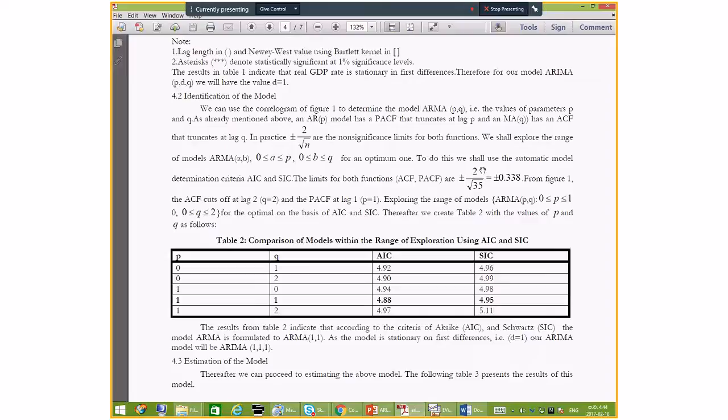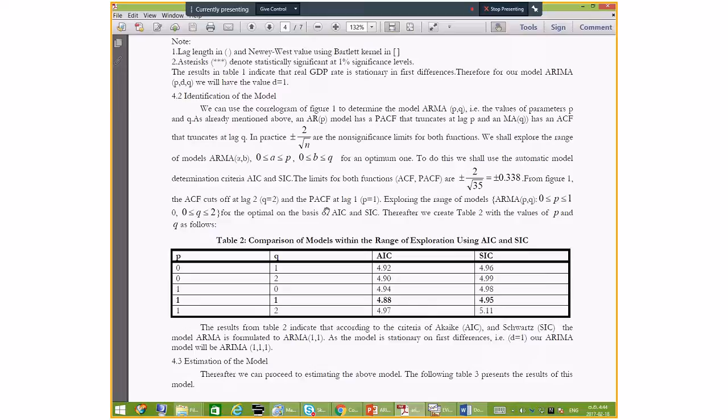To do this, we shall use the automatic model determination criteria, the Akaike information criteria, AIC. AIC means Akaike information criteria. SIC means Schwarz information criteria.